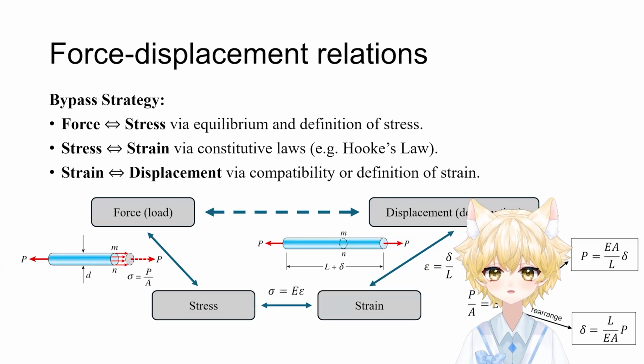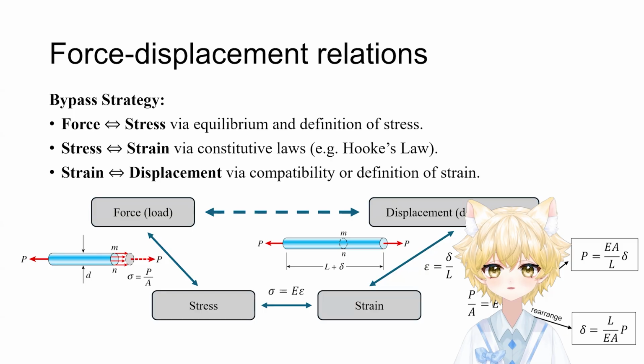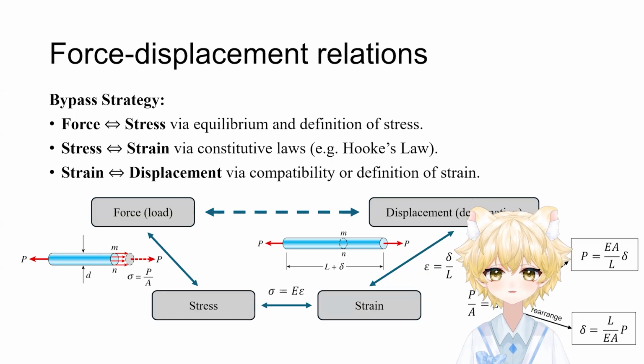And also, we can replace this E by the letter G, which is the shear modulus, if we are dealing with some shear problem, right? If you change the material from steel to aluminum, you simply change E and G, which changes the result, but Hooke's law, the linear relationship, still holds, right?